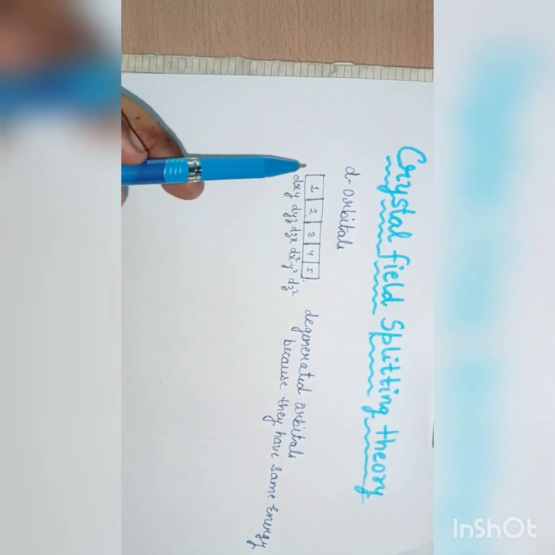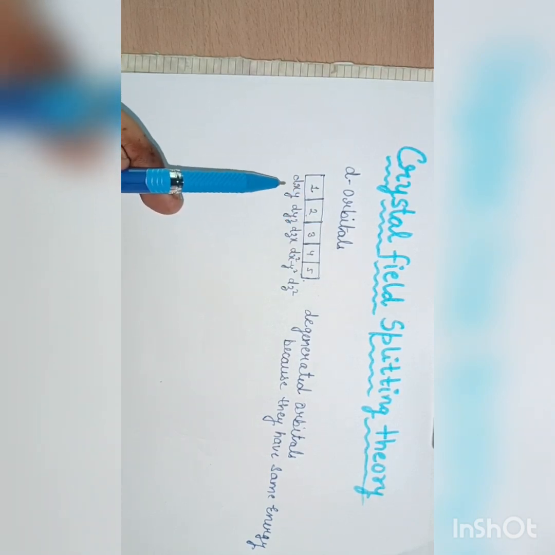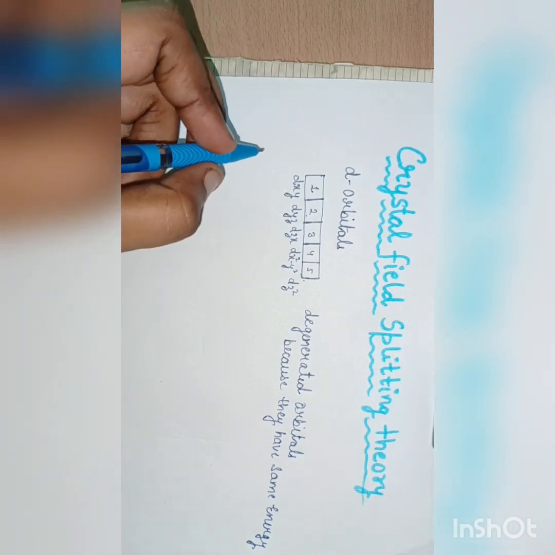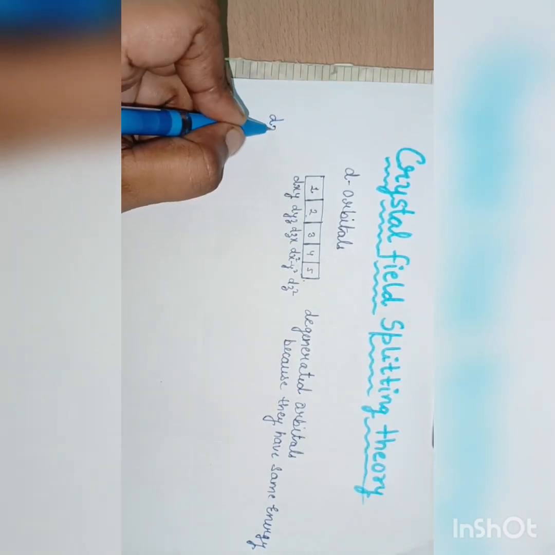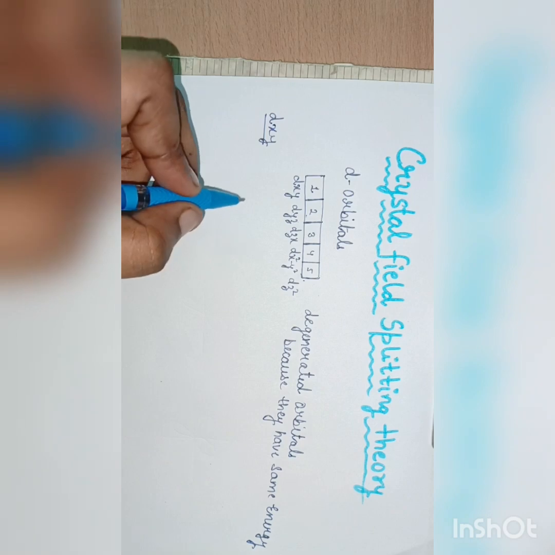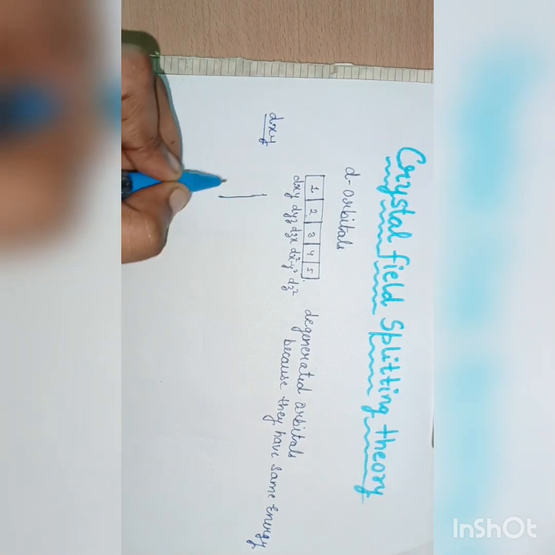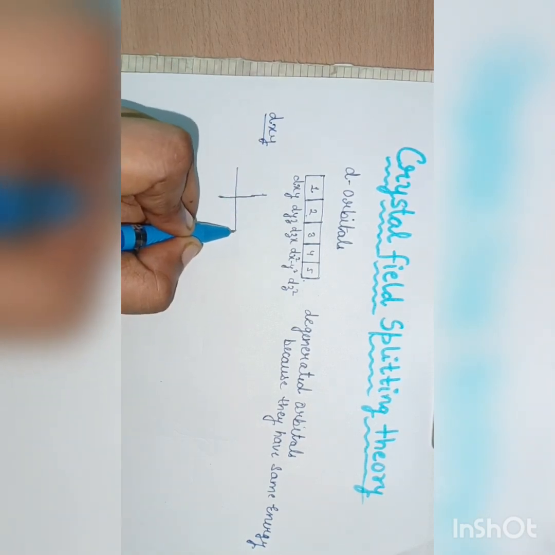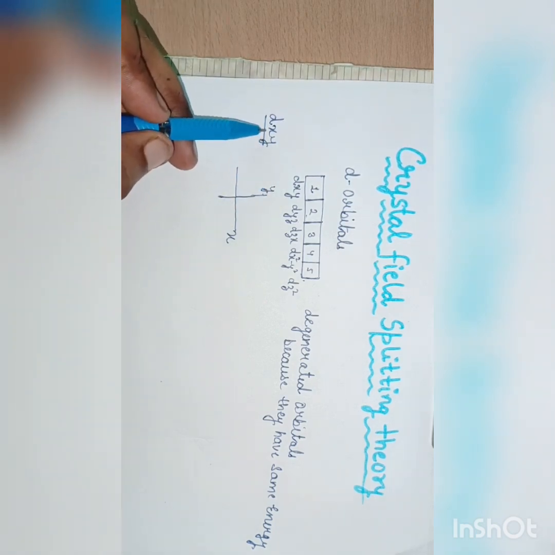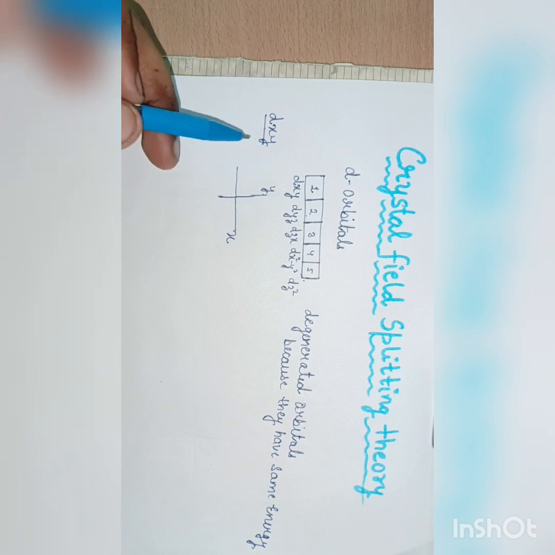So, first of all, we have to see the structure of these orbitals. Let us draw the structure for the dxy orbital. Here we have the x-axis and the y-axis because the orbitals are present in between the x and y axes.